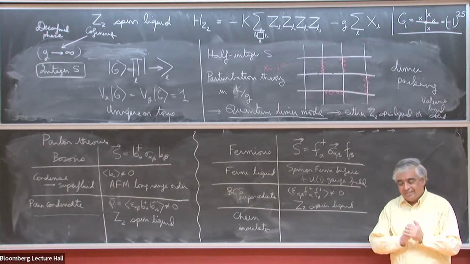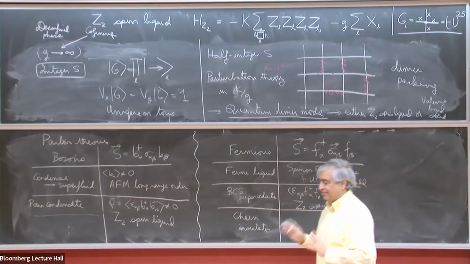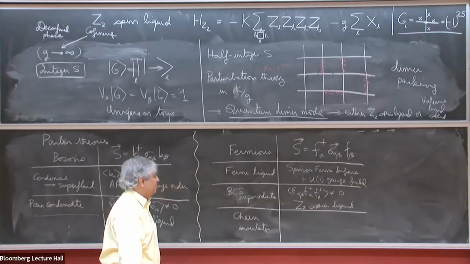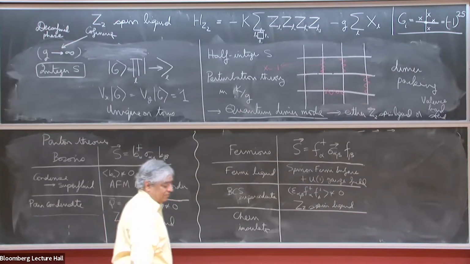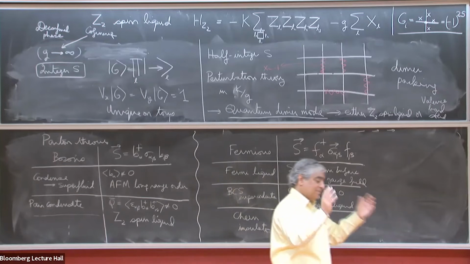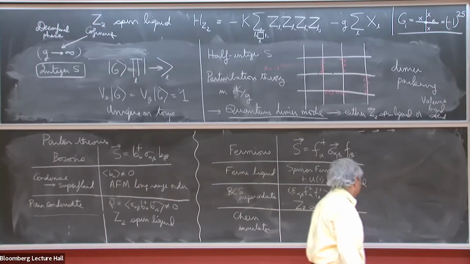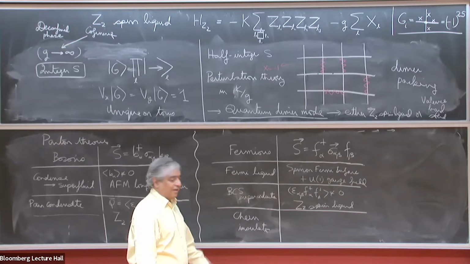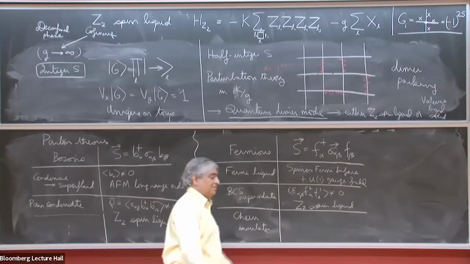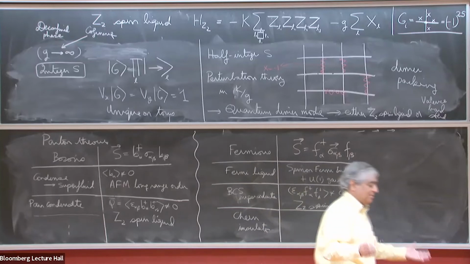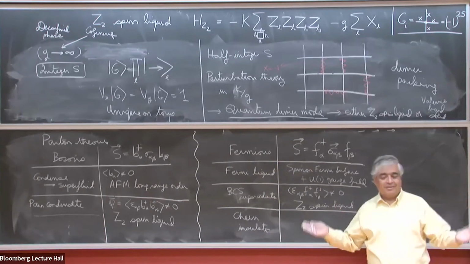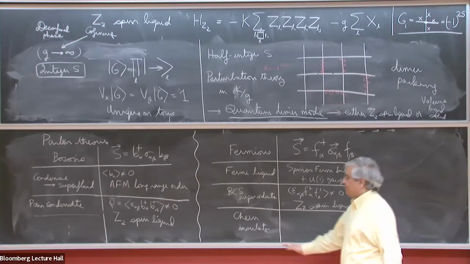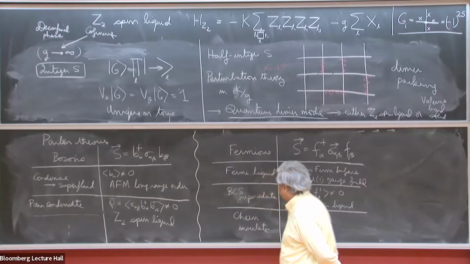And these are really distinct, and unfortunately in the literature, topology is used to describe them both. We had the topology of the Z2 spin liquid that had to do with the ground state degeneracy on a torus. Now we have a different topology, which is the topology of bands. And certainly in the condensed matter literature now, that's what topology is. It's a topological band structure. It's a very different topology from that here.